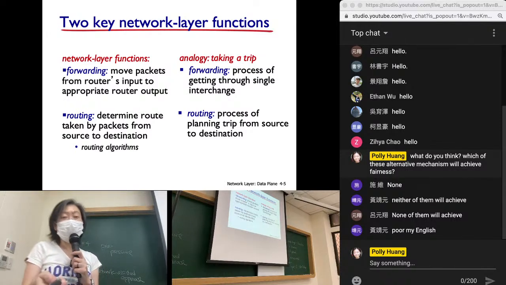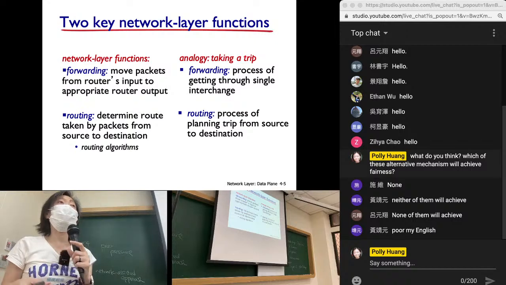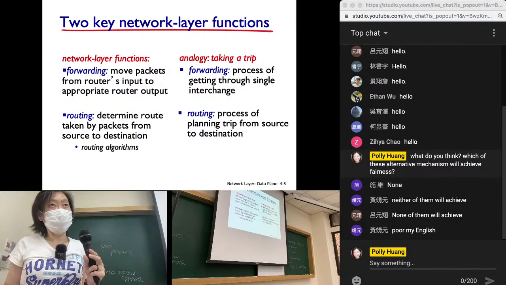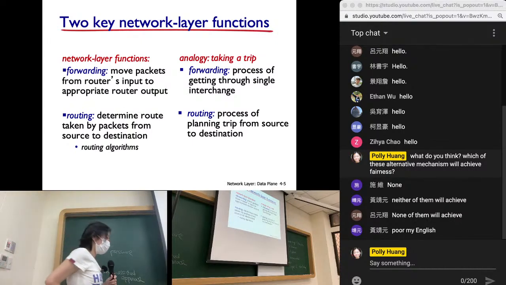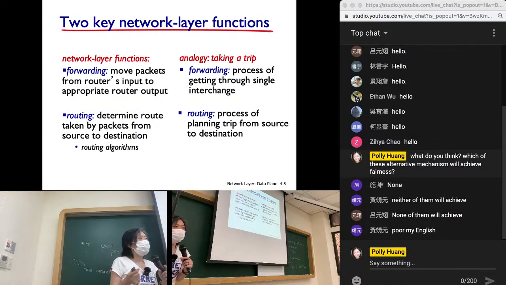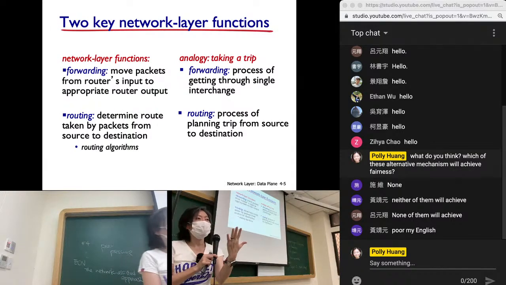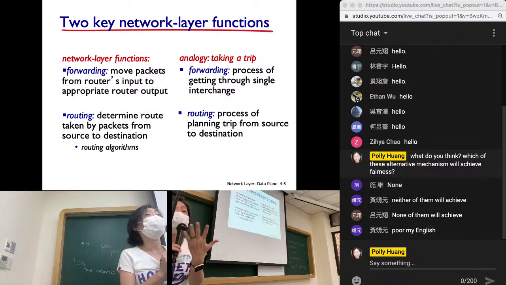Now, let me use an analogy, taking a trip. Let's suppose we are all taking a trip to the zoo, Taipei City Zoo. So what we usually do is pull out our smartphone, isn't it? You open up Google Map, and then you type in zoo.